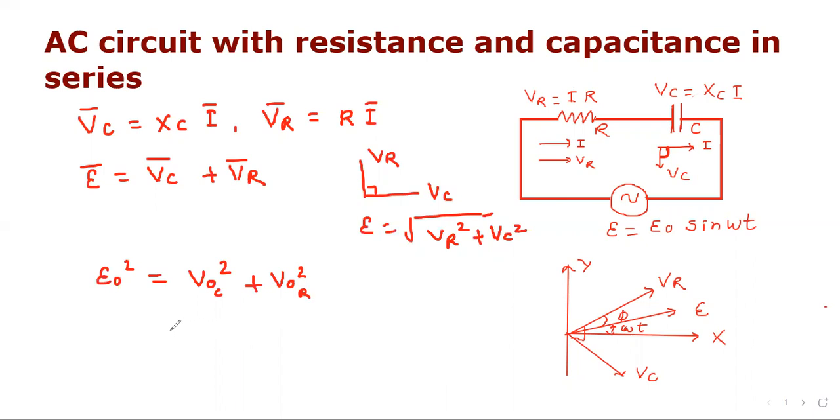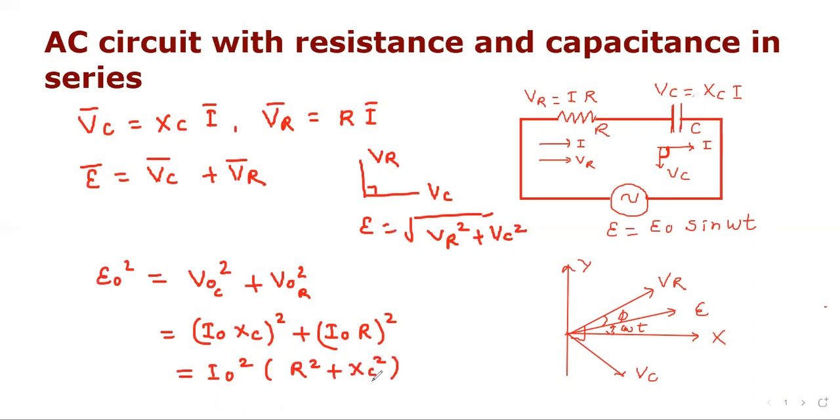This can be written as I0 square XC square plus I0 square times R square, which is equal to I0 square times R square plus XC square.